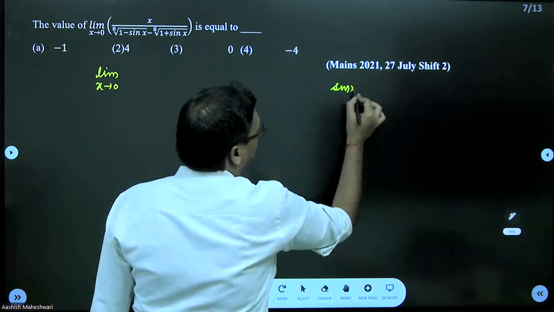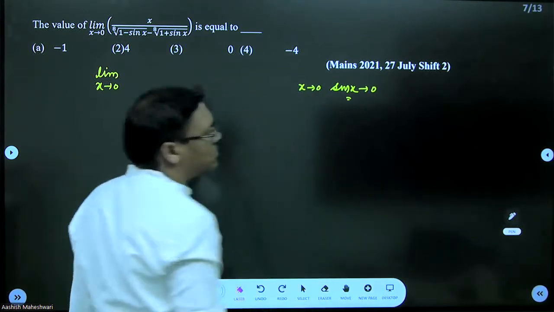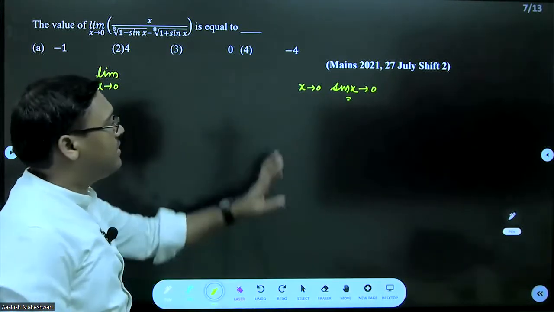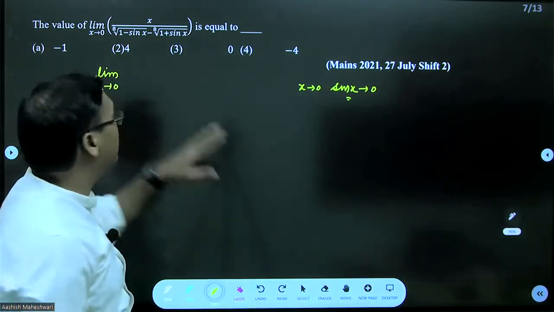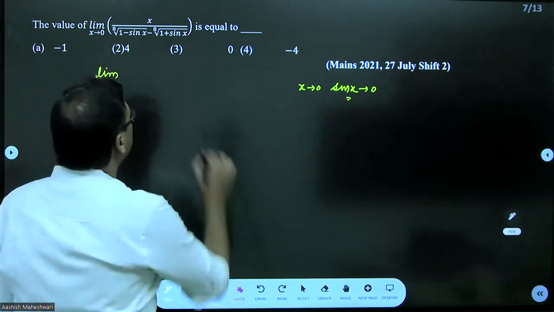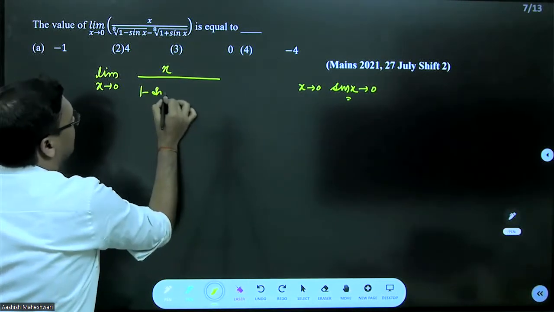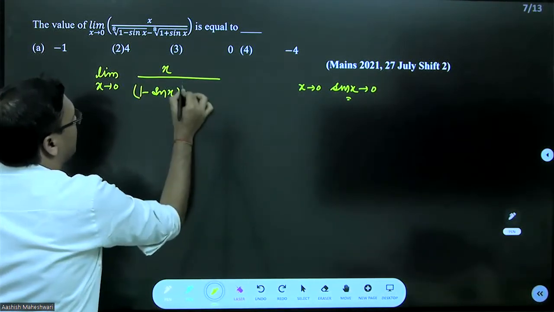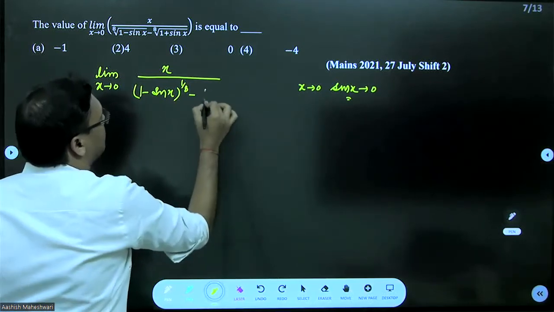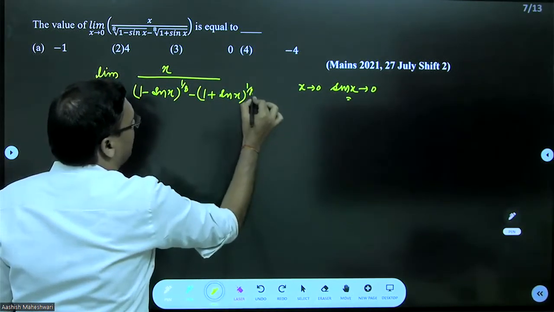As x approaches 0, sin x will approach 0, correct? That means we can say that sin x will be a small number when x is very small, correct? Or you can say this is x upon (1 minus sin x) raised to 1/8 minus (1 plus sin x) raised to 1/8.